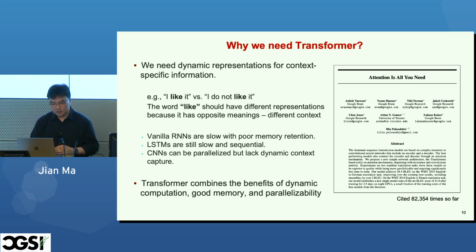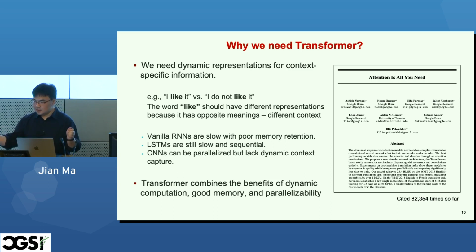So the rationale of developing the transformer is that we need dynamic representation of context-specific information, like in the statements "I like it" and "I do not like it." The word "like" has different meanings, and it should have different representations because it's in different contexts. Also, oftentimes we want to know in a sentence what the connections or dependencies among these words are.